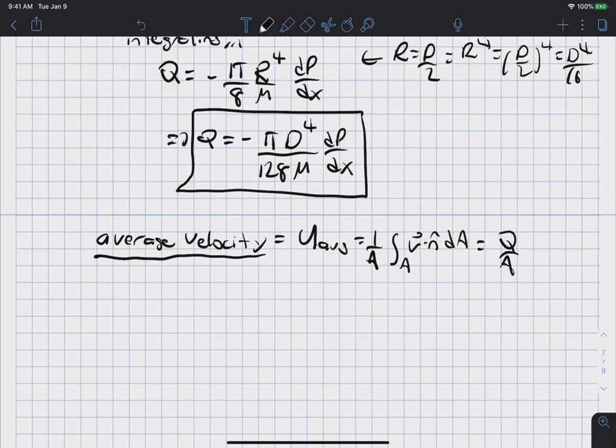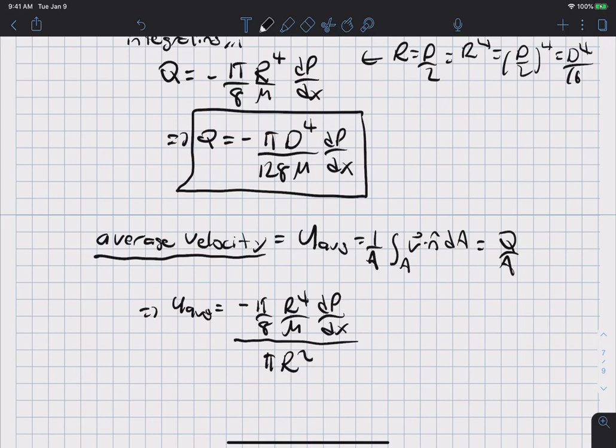So U average equals Q over the area, and we know Q, and I'll use the R version of it, which equals minus pi over 8 R to the 4th over mu dp dx, over the area, which is just pi R squared.